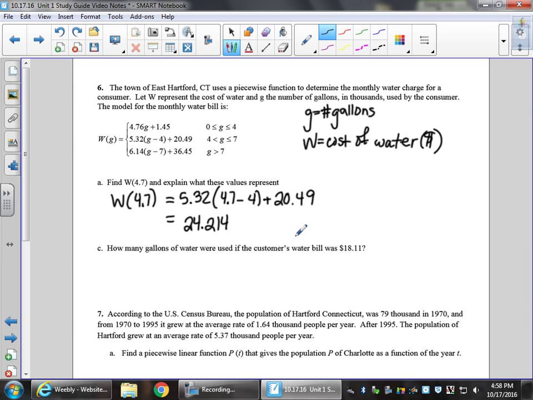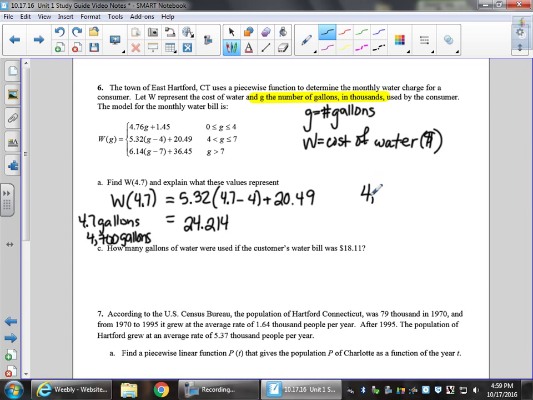The meaning, remember, G is gallons. So 4.7, am I saying 4.7 gallons? Does that sound right? Well, let's check. G is the number of gallons, but take a look, in thousands. So to figure that out, we're going to do 4.7 times 1,000. So this really means 4,700 gallons.